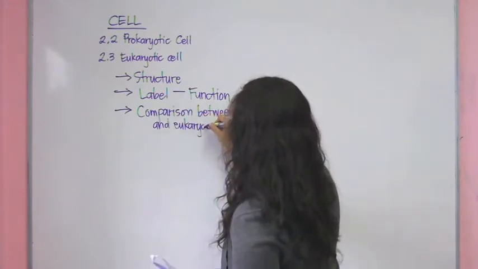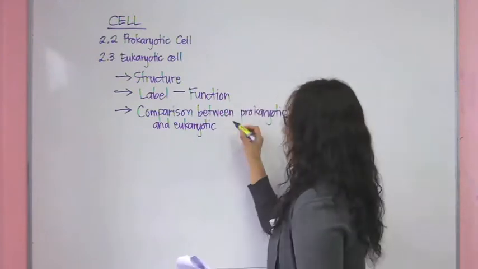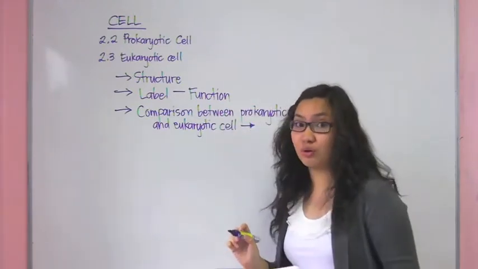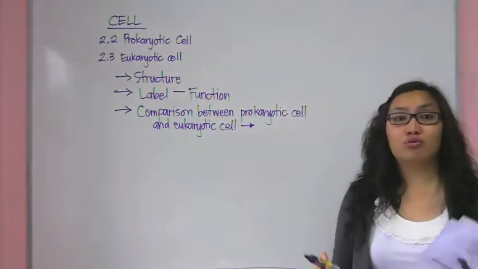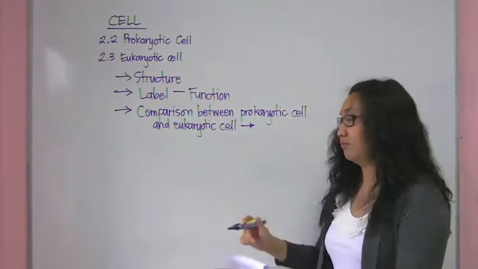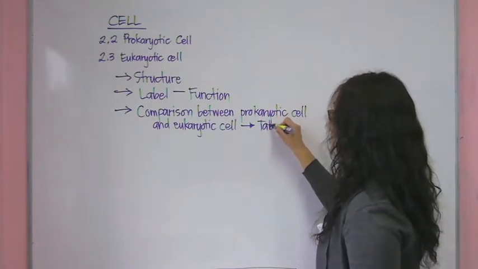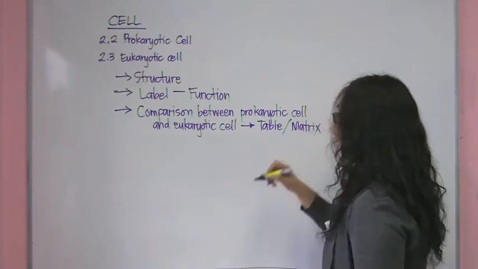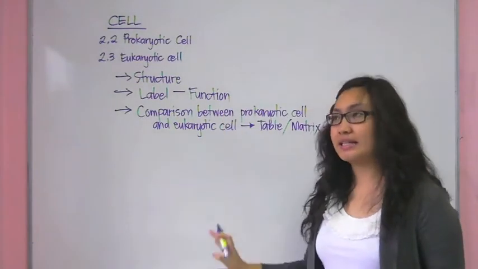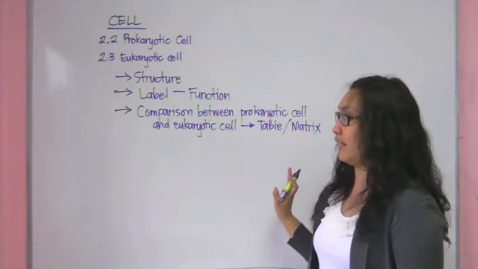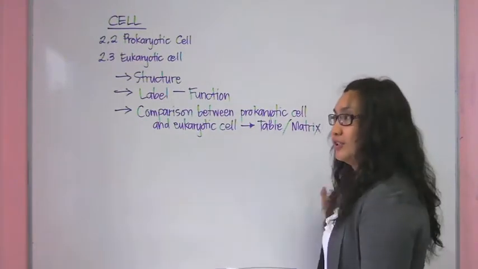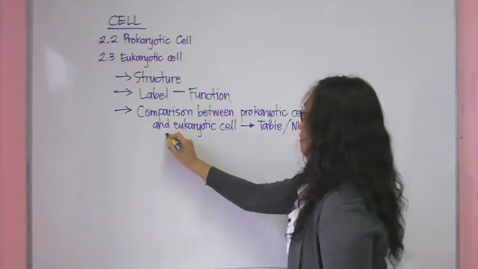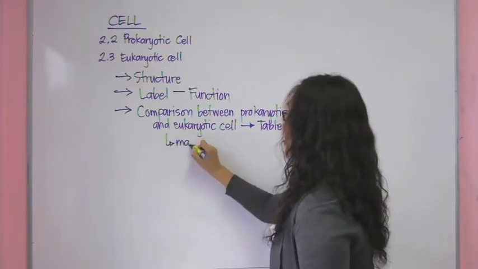The most effective way that we can show the comparison between the two structures is to show them in a table, okay, or in a matrix. So for example, by writing down the basic features that are present only in prokaryotic cells and eukaryotic cells, we might be able to give the comparison. So showing the main features.